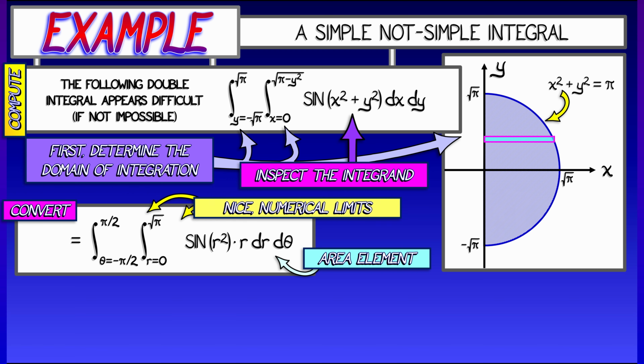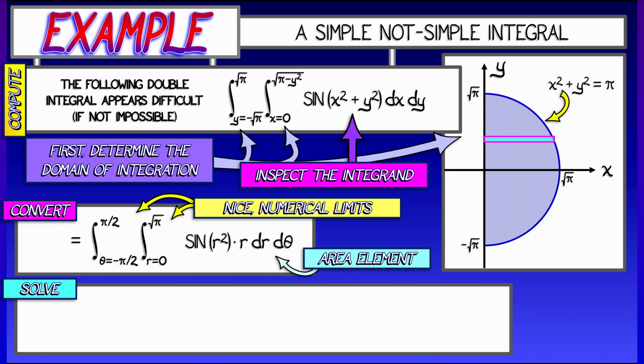So with that nice-looking integrand, with those nice numerical limits, now we can solve this integral. If I integrate with respect to theta first, using Fubini, this is really simple. d theta integrates to theta, evaluated from minus pi over 2 to plus pi over 2.